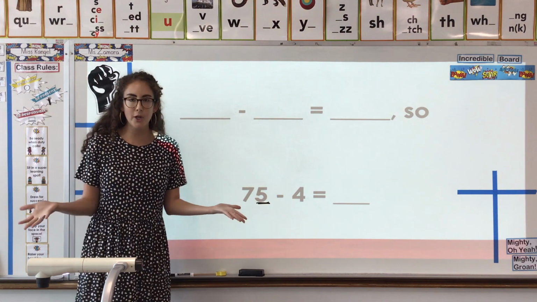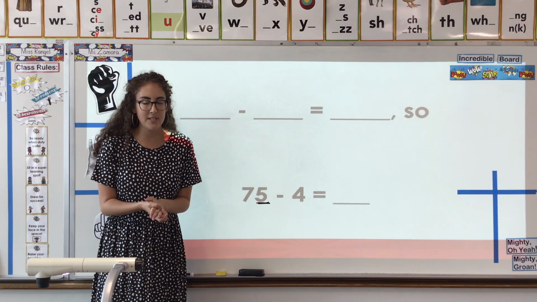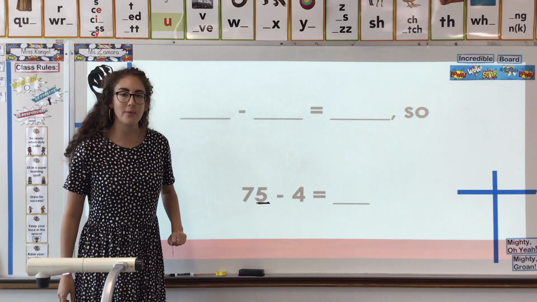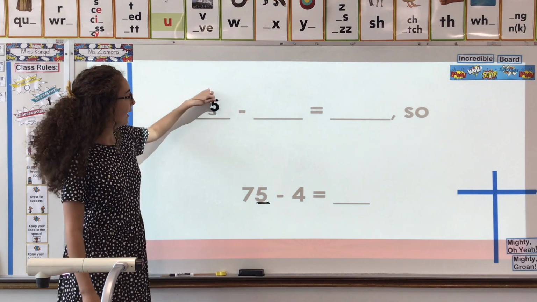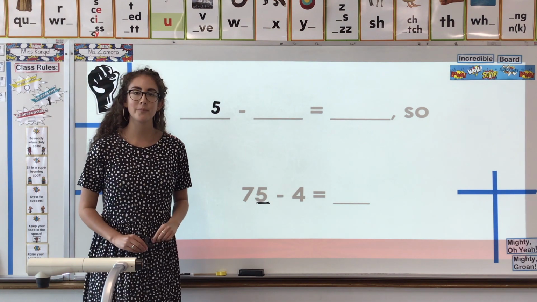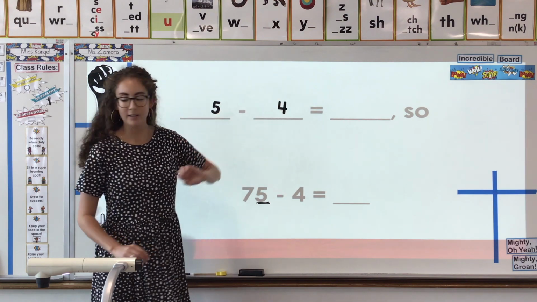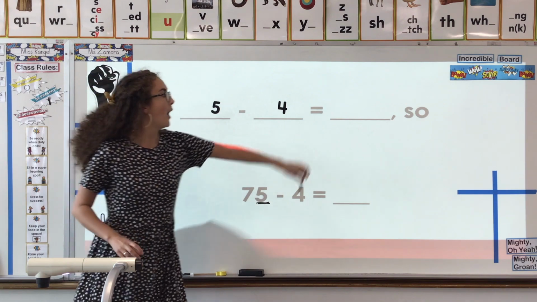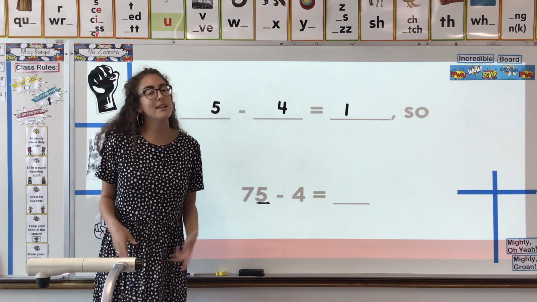So what simpler equation can we use to solve this problem? How many ones are we starting with? 5. And how many are we taking away? 4. So what does that leave us with? 1. All we have is 1.